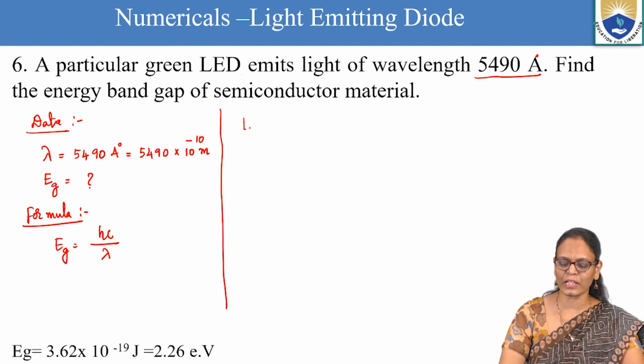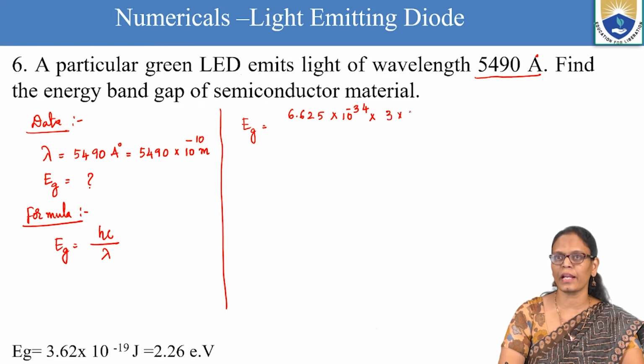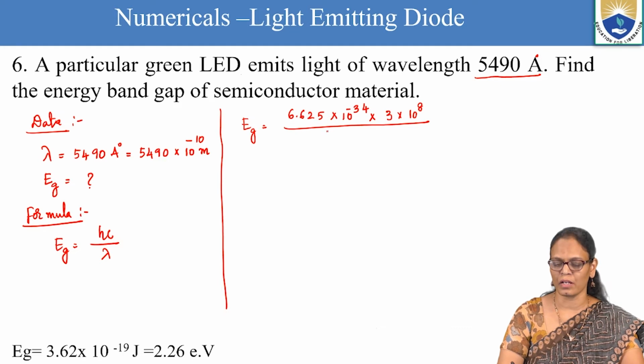So substitute in Eg is equal to the value of h, 6.625 into 10 power minus 34, into the value of c, 3 into 10 power 8, upon lambda, we have converted it into meters, 5490 into 10 power minus 10.